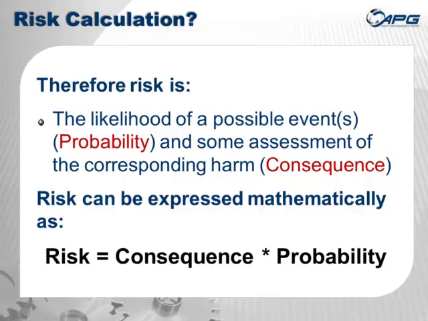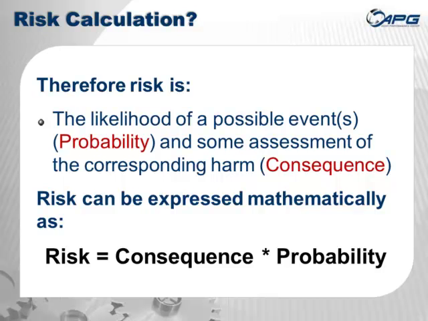There is a way, if you are so inclined, to actually put some quantification to risk, and it's been shown and proven to be useful, that we could look at risk as a combination of a couple of events. A combination of probability, what is the likelihood that this particular event is going to occur, and then the corresponding harm, the consequence, the damage that's resultant from that event.